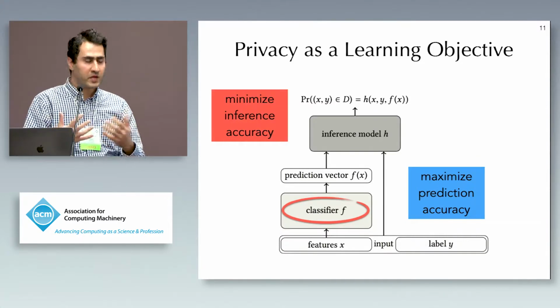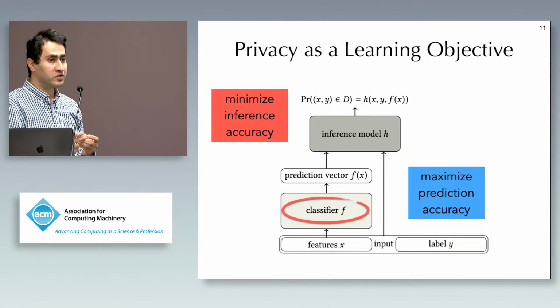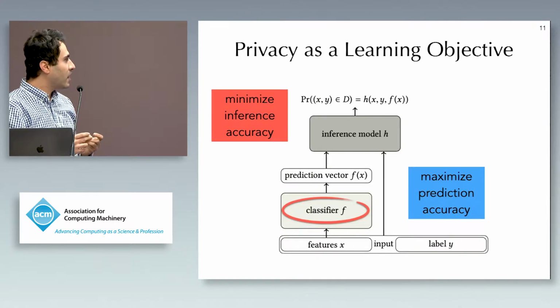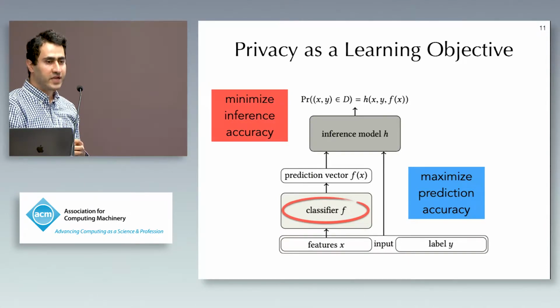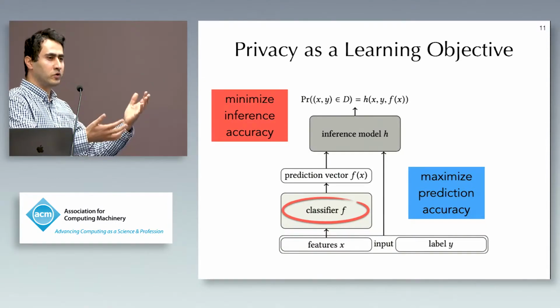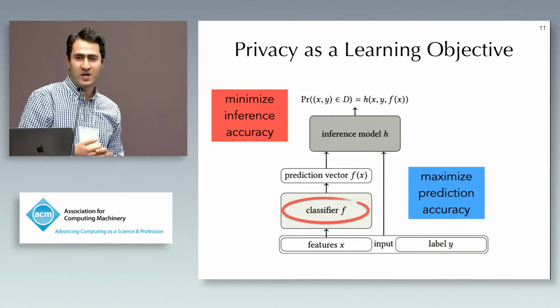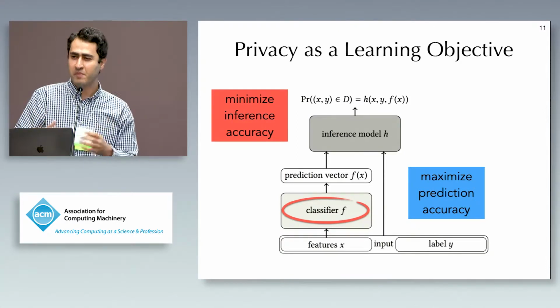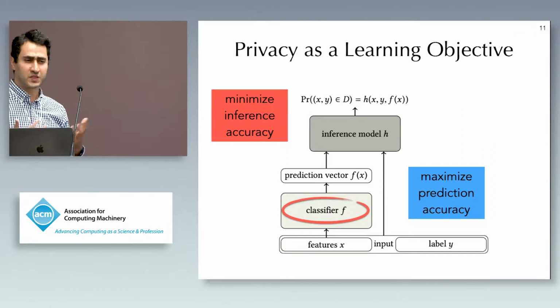Now, let's bring into the picture the inference attacker. In this case, we also have an attacker. Model H represents the inference attacker. And this attacker has access to a subset of data records from your training data set. Suppose you have a big training data set, and somehow the attacker knows some of the members of your training data set. And he also knows some of the non-members.